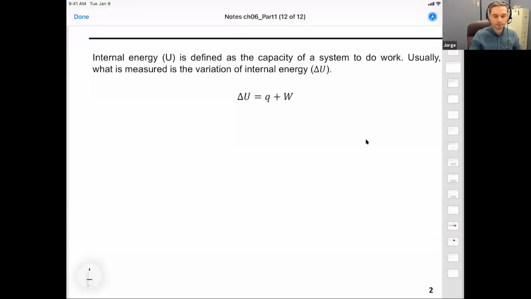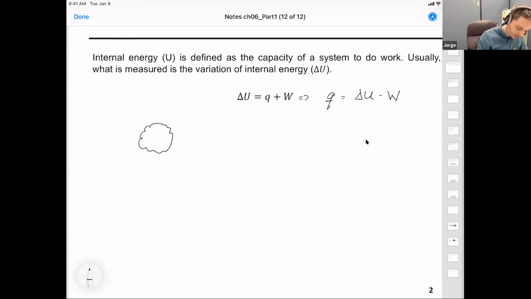So at this point, I would like to rearrange this equation. So let me change to the other screen here. Okay, so we have that the change in the internal energy is equal to the amount of heat plus work. Let me do a quick rearrangement here. So let's write Q equals delta U minus W. Okay, so let's consider a system.